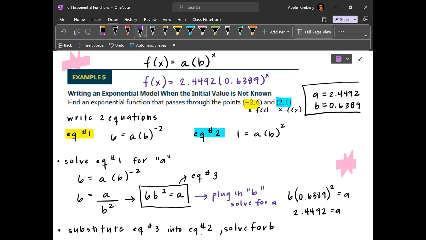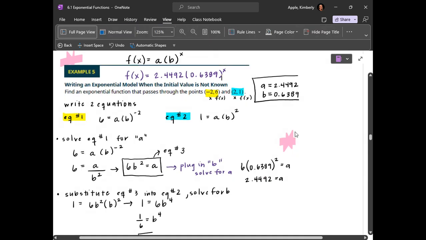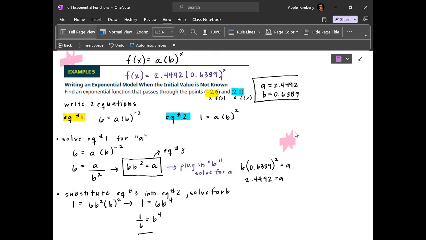Now that process has a whole lot of steps, but I'm going to run back through it one more time just in case. So again, I'm given 2 points. I do not know the value of a. I need to remember that in order to write an equation or a function for an exponential scenario, I need an a and a b.